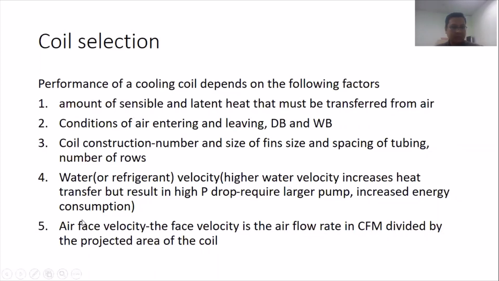And then the last, number 5, is air face velocity. The face velocity is the airflow rate in cubic feet per minute, the British unit for flow rate, divided by the projected area of the coil.